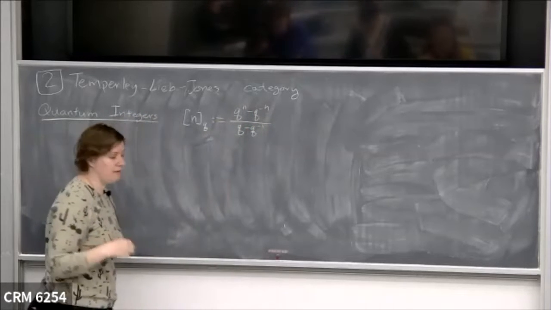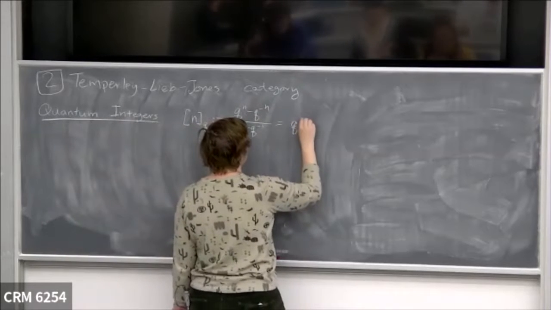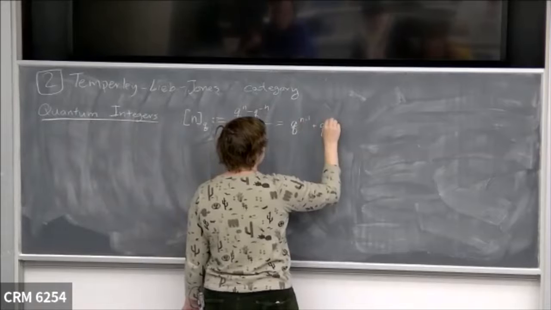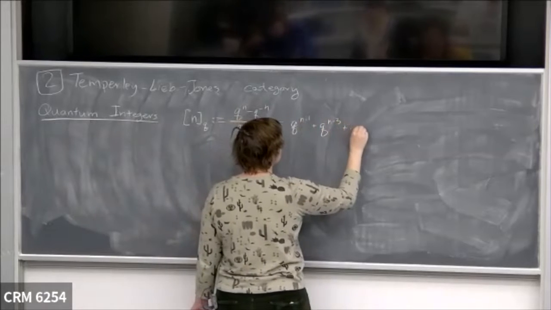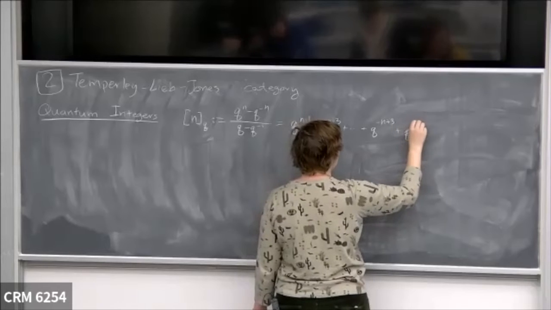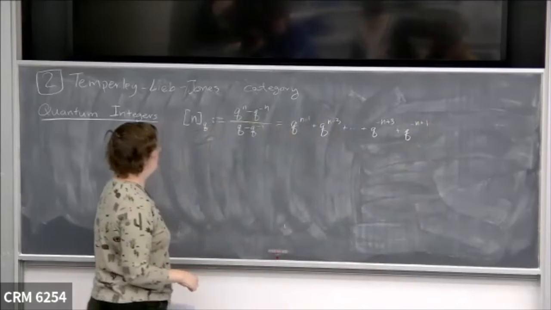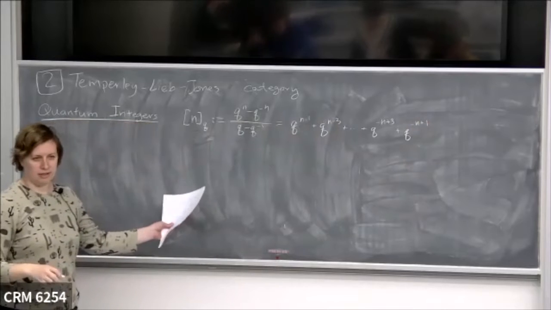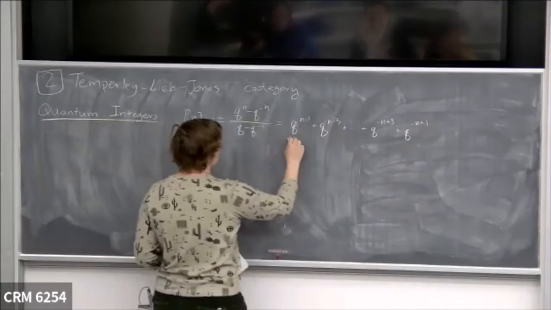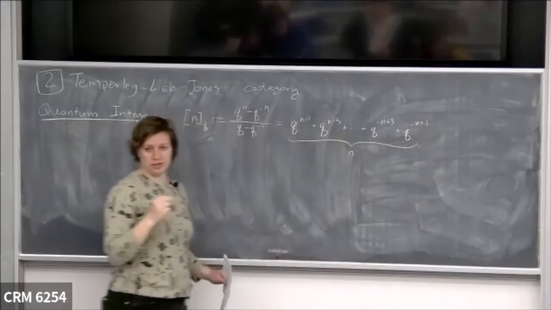If you actually do the polynomial division this represents, you get a bunch of q monomials, and they're symmetric in their powers. How many total terms are there in here? There are n total terms.